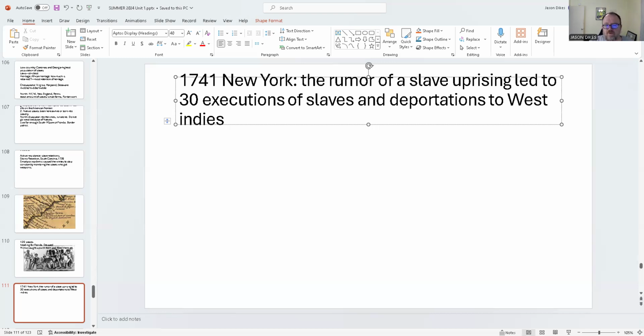And getting deported to the West Indies is a death sentence. It's just a slower death sentence because you'll be worked to death there. So again, this is not just a Southern paranoia. Again, simply the rumor of a slave uprising leads New York to execute some slaves and deport others to a slow death in the West Indies.